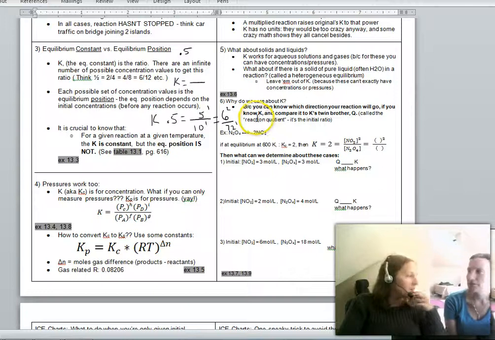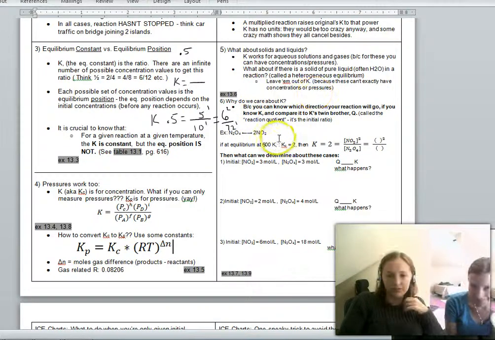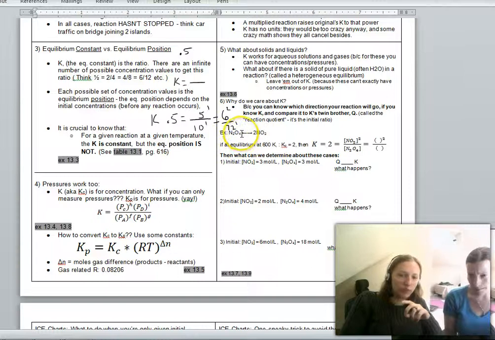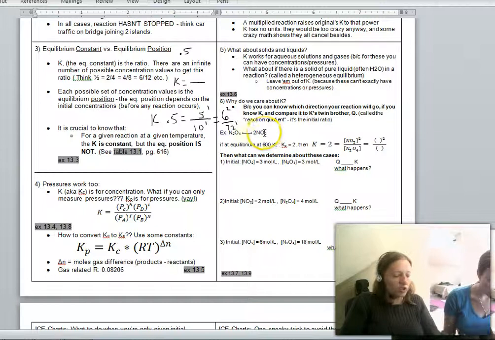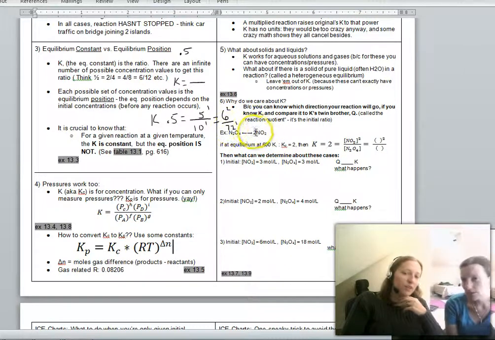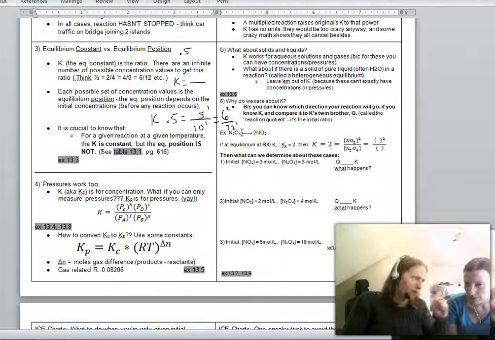Here's an example. We've got N2O4, dinitrogen tetroxide, going to NO2, which is nitrogen dioxide. This is basically it splitting in half and making 2 moles of gas from 1 mole of gas. I should have gases on here because you have to have gases.